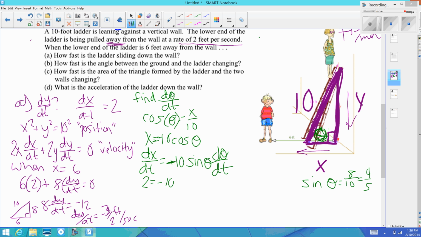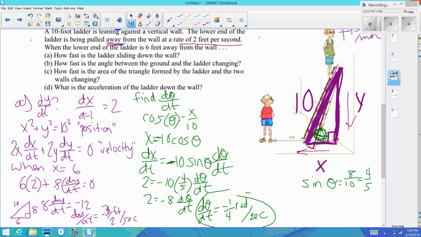I'm going to have negative 10 times 4/5 times d theta dt. So 2 equals negative 8 d theta dt, and d theta dt equals negative 1/4, and we're talking radians, it didn't say degrees, radians per second. So the angle is decreasing at a rate of 1/4 radians per second.